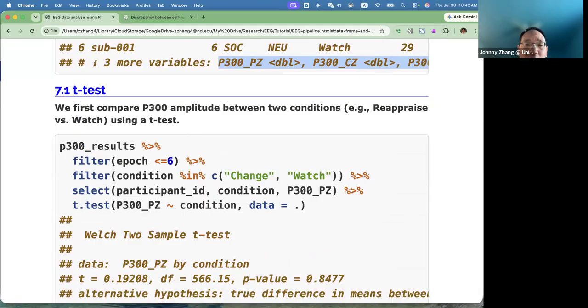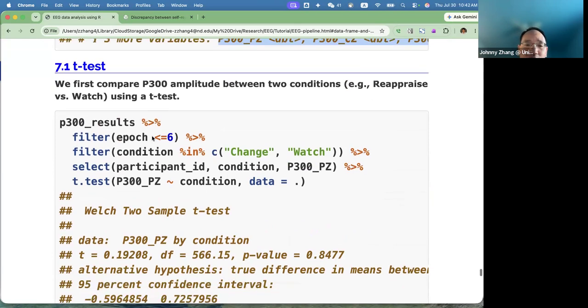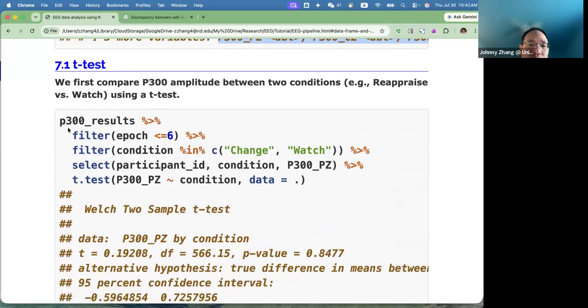For example, we can compare the P300 between two different conditions, real place and watch, using a t-test. So based on the results, I can look at a few other conditions. I'm only interested in the conditions changing and watch. Here I ignore the type of the images.